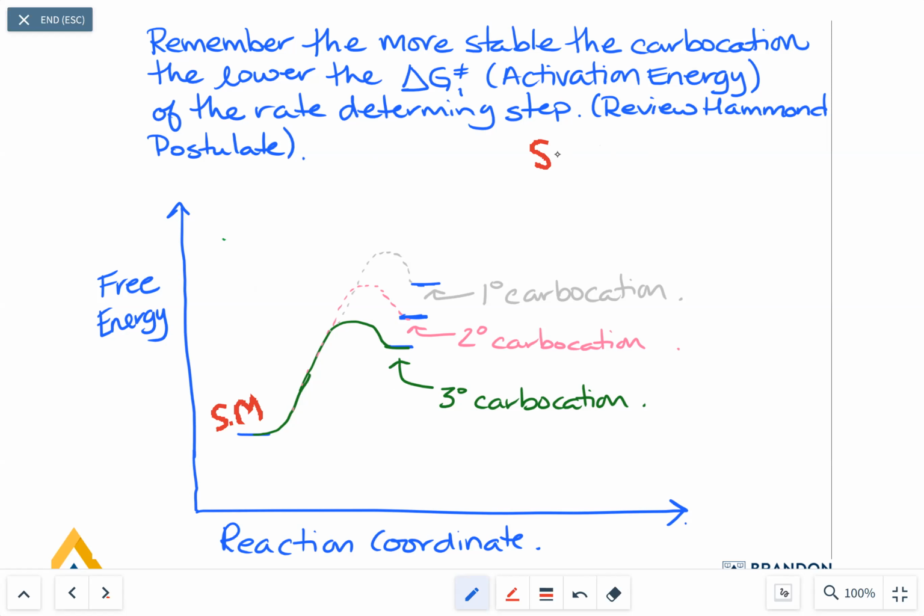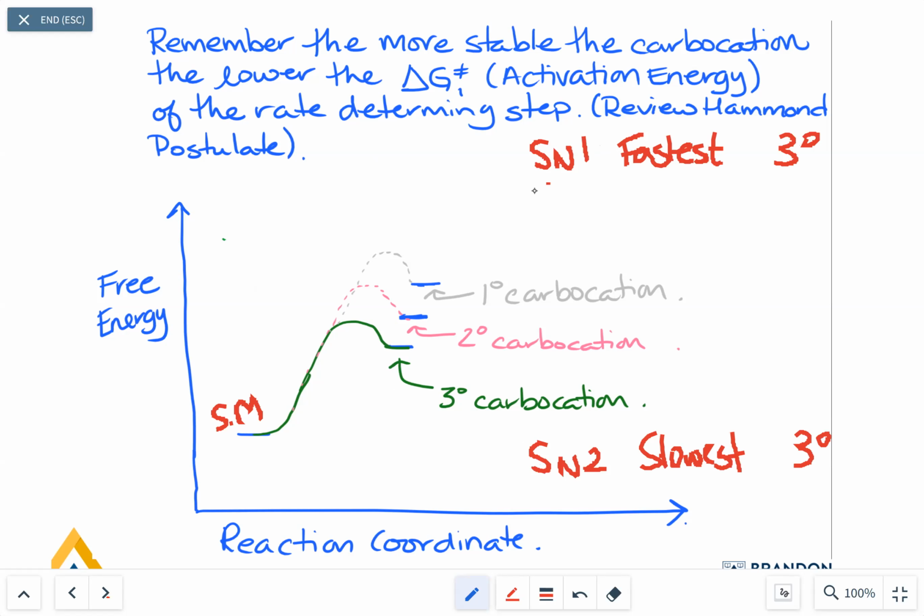For SN1, the fastest is going to be tertiary. And for SN2, the slowest is going to be tertiary. For SN1, the slowest would be methyl / primary.